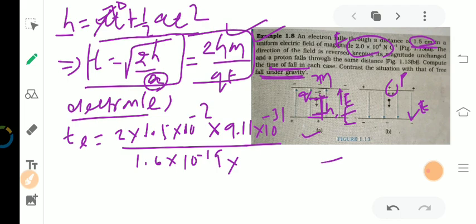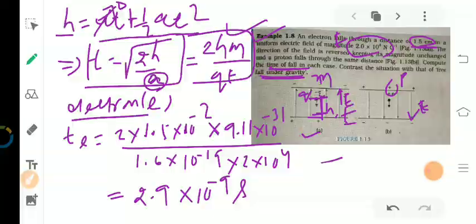Electric field is given, 2.0 into 10 to the power 4. Just put the values there, and you will find that the final expression is 2.9 into 10 to the power minus 9 second. Okay, so this is for the electron.